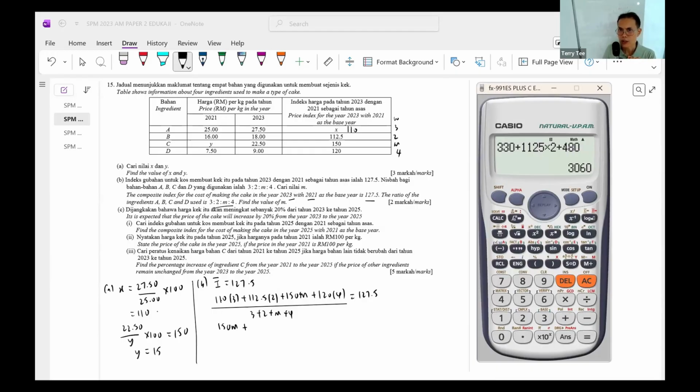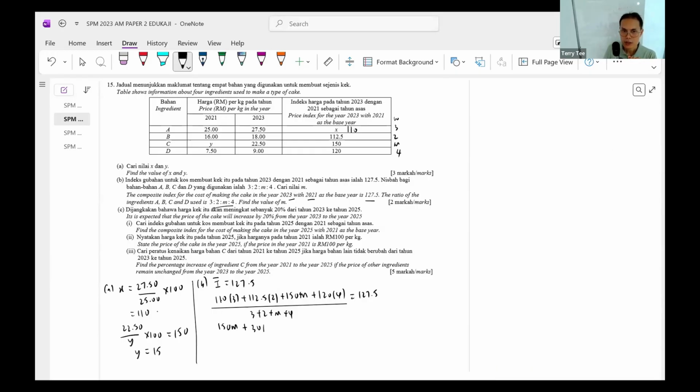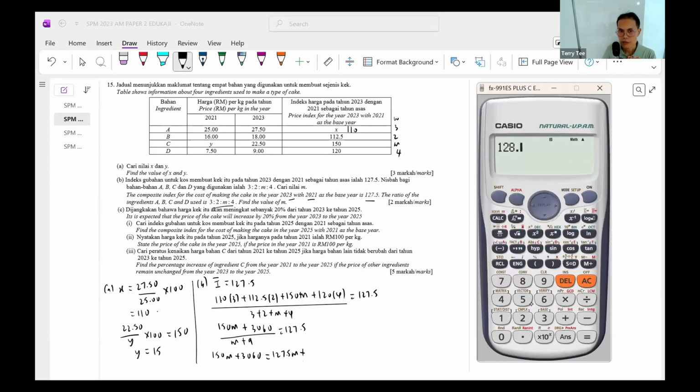Just type 480. 3060 divided by M plus 9 equals 127.5. So 150M plus 3060 equals 127.5M plus 127.5 times 9. You should get 1147.5.